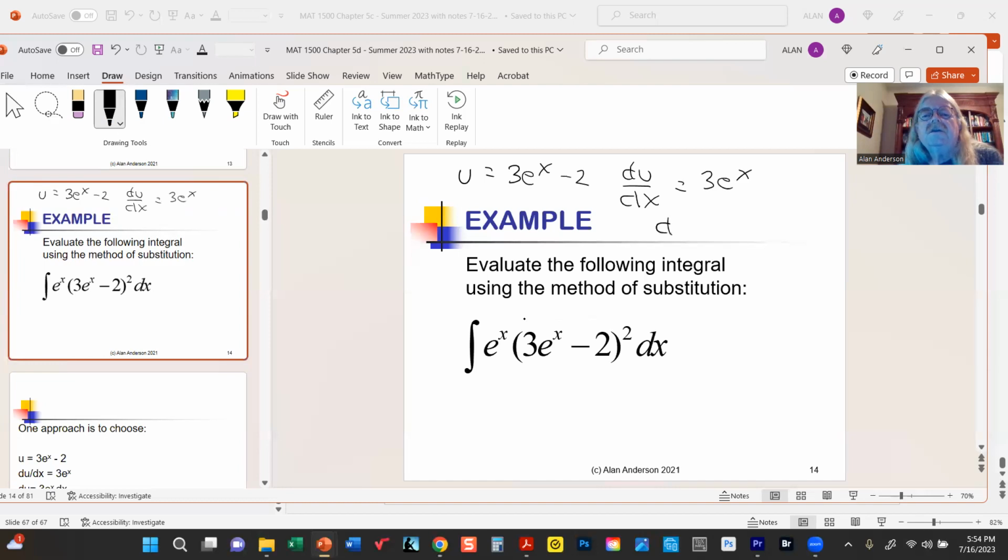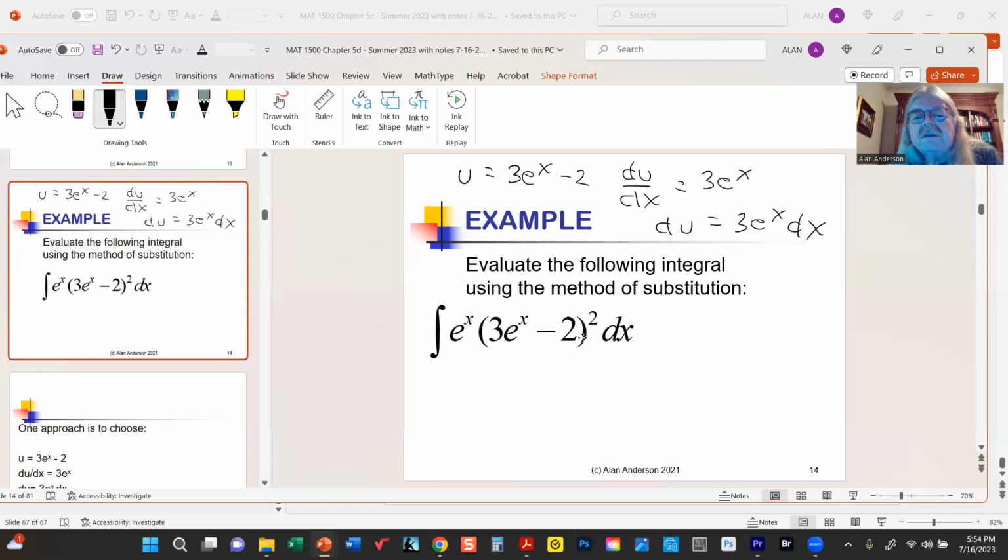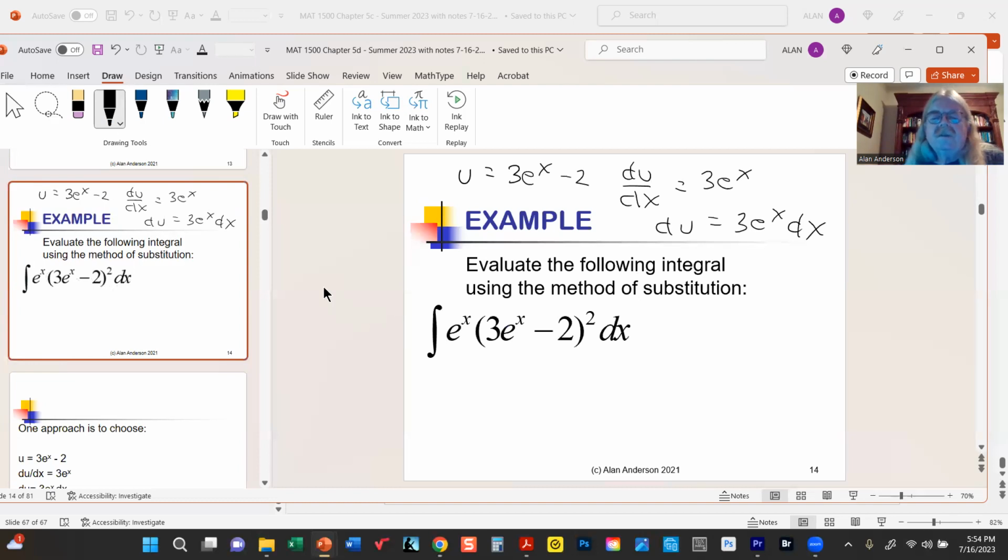Okay, and then du is 3e to the x dx. So do we have that, or do we need to supply a constant? I think we're all set except for the constant. Yeah, because all we're missing is the 3.